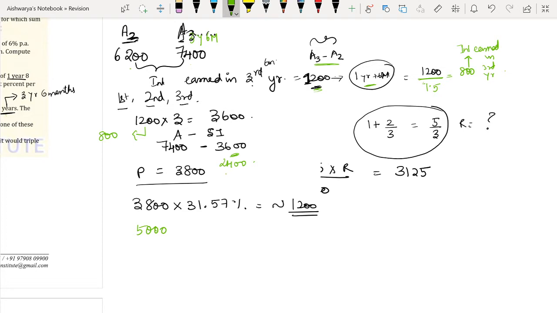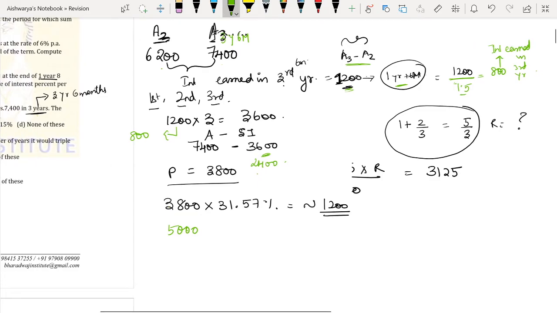Which is 1,200, which is the interest earned in 1.5 years. So you have to divide it by 1.5 to arrive at 800. Then every step after that will change. That is what I was trying to tell you. Can we proceed?